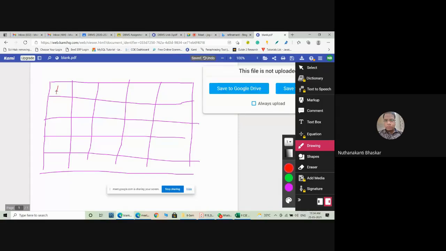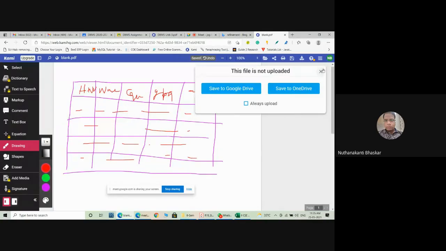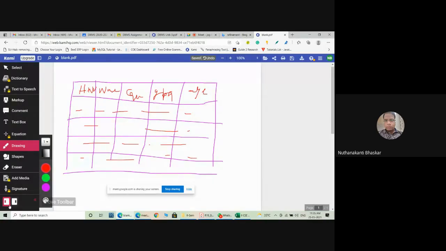Now, this is our hall ticket number, this is name, this is gender, this is GPA, and this is, maybe, age. So what is the high level data here? You are filling in some information here. What is the high level data here? The schema. What is the schema here?